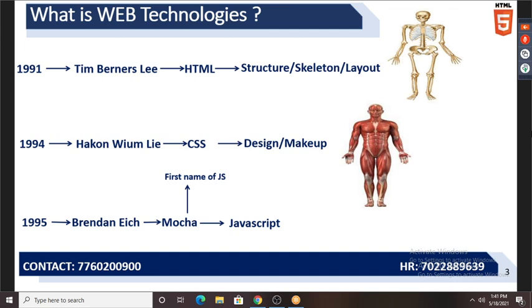So this JavaScript was developed only for two purposes. What are the two purposes? One is for validating your form data. It will validate whether the user is entering a mobile number in the place of a mobile number or not.